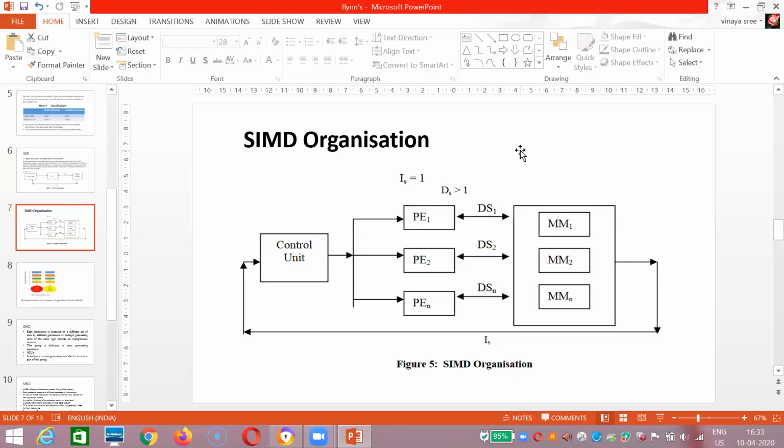The instruction is the same, but the data differs. Let us consider the instruction is A plus B, A plus B, A plus B, but the data taken from main memory is 5 plus 6 here, 2 plus 4 here, and 1 plus 1 here. So the single instruction is the same, but the data is different.